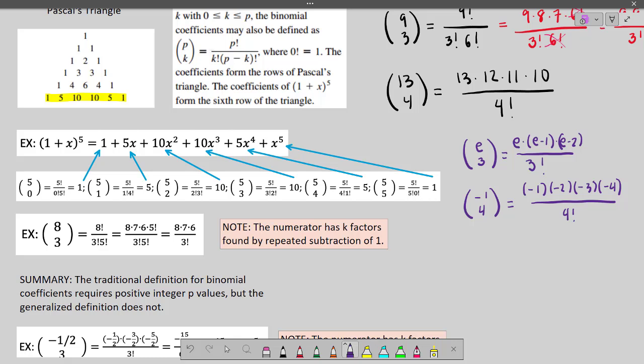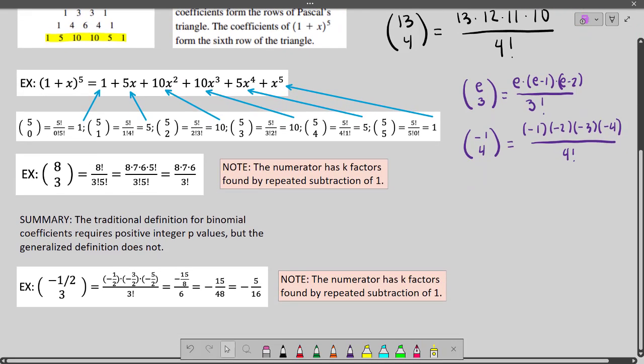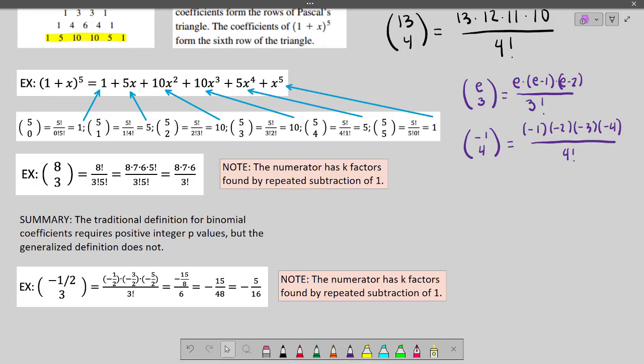So if we look at Pascal's triangle, what we see is that each of these coefficients is really just, this is 5 choose 0, so we start with whatever our exponent is. We choose 0 things. There's only one way to take 0 things out of the bag, right? There's only one way to not do it.